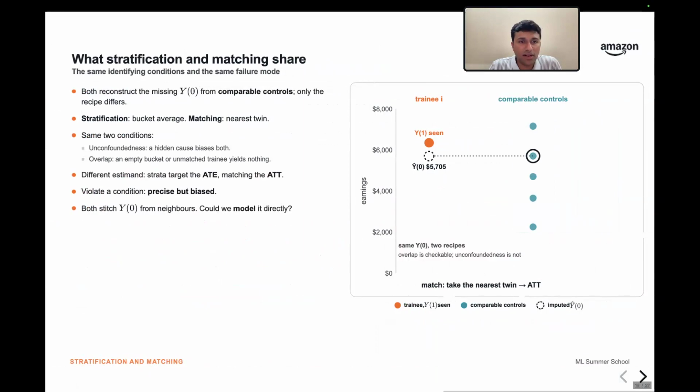And similarly, in stratification, you are basically assuming that in a bin, you have enough data points from both control and treatment, right? So they are based on the same two assumptions. They are just two different techniques of getting the final estimand that you are trying to get, right.